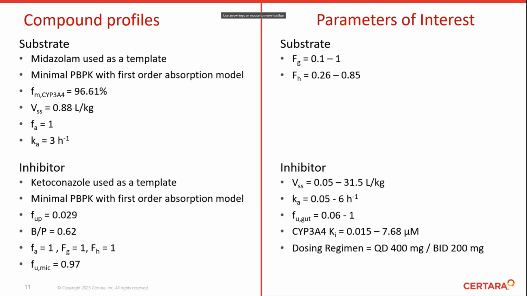While we could have changed parameters in midazolam such as QGUT or FEGUT to change the FG, this was likely to change other parameters, which we would have to account for. So instead, we went with changing the CYP3A4 enzyme abundance for the population in the intestine. And this also did not affect the FG of the inhibitor, which was good, so we did not have to account for that. Next slide, please.